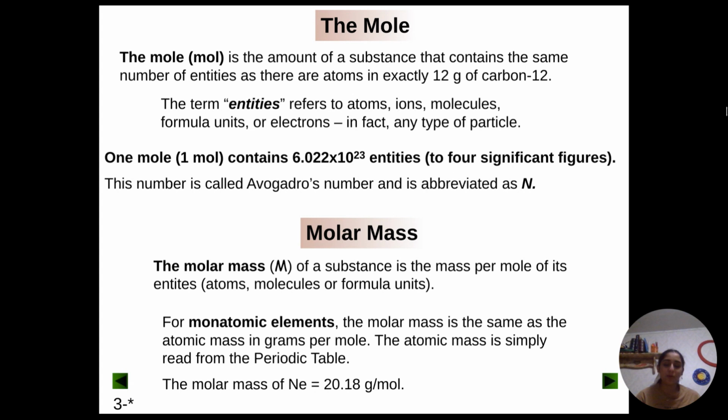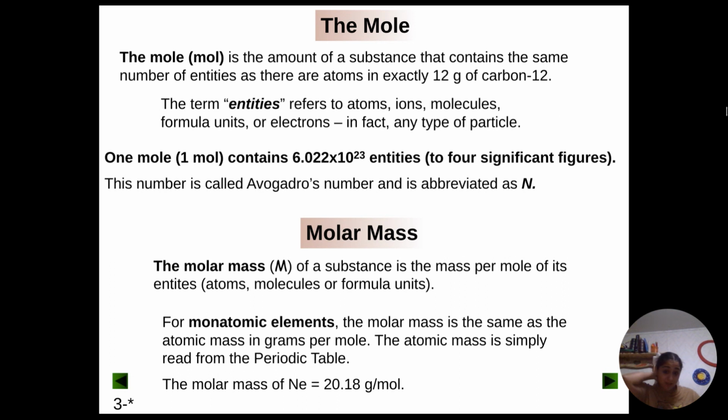Moving on to the molar mass. The molar mass, usually written as a fancy M like in cursive, of a substance is the mass per mole of its entities: atoms, molecules, or formula units. If you have a compound, you would have the mass of each element in there, but if it's just one, you would just have the one mass.